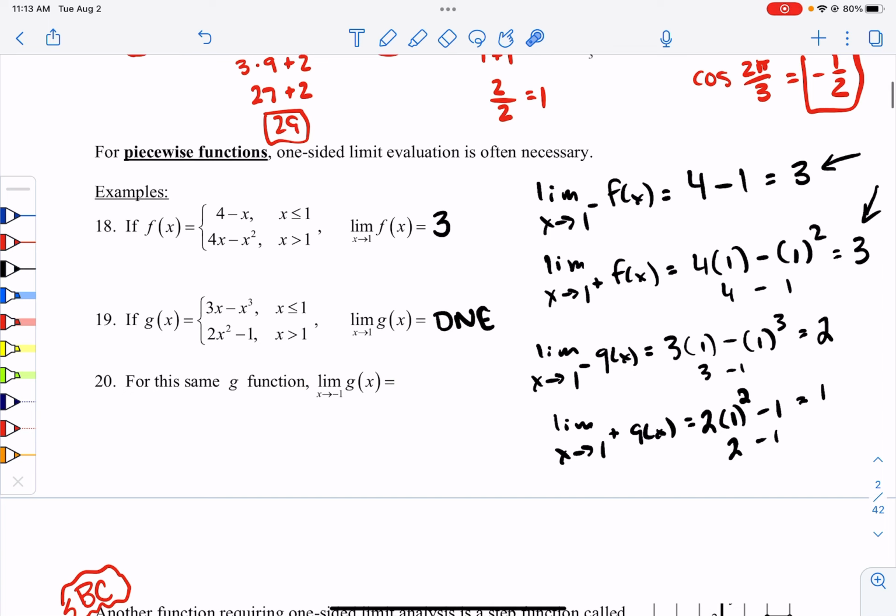Well, in my function, -1 is less than 1. So I don't even have to use my bottom function for this one because whether I'm coming from the left or the right, I'm using the top function.